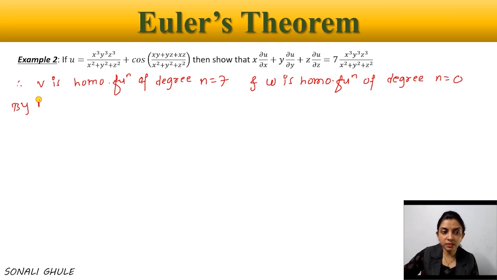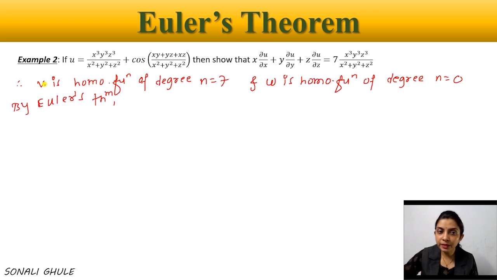So by Euler's theorem then, what can I write? If it is a homogeneous function, definitely. Now you have to check which is a homogeneous function. Here v and w are homogeneous functions, right?